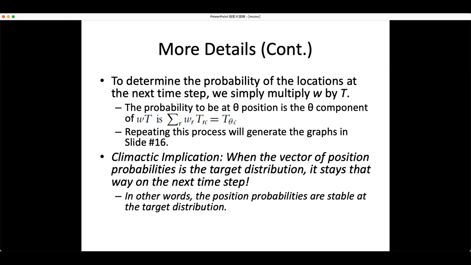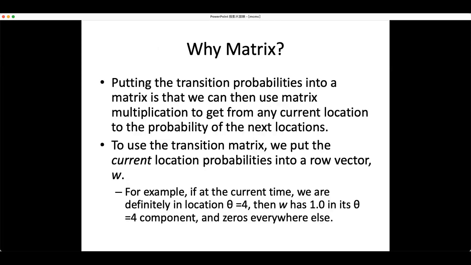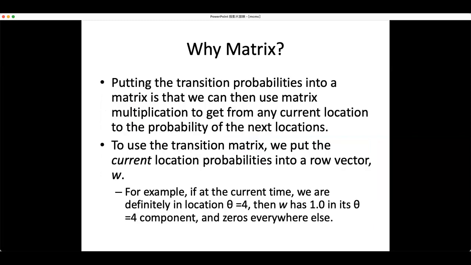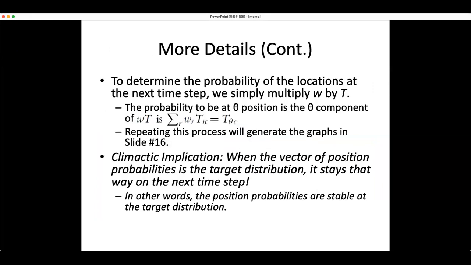In other words, this transition will make sure your location probability vector keeps diffusing until it stabilizes, when it reaches the location probability that matches the target distribution.